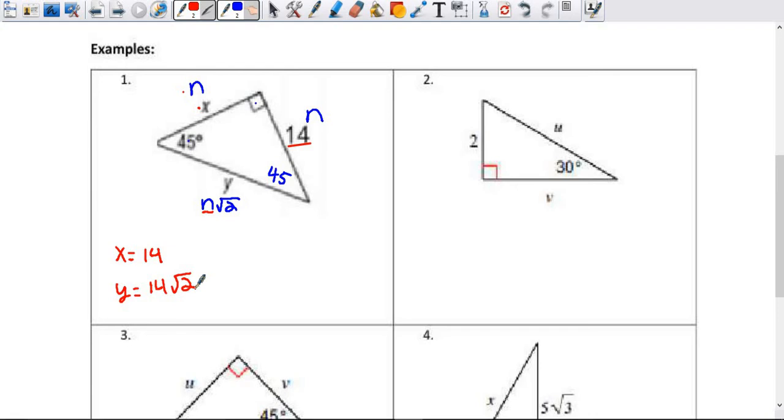For number 2, we have a 30 and a 90, which means we also have a 60 because the 3 angles of a triangle add up to 180. Across from the 30 is where we always put n. The hypotenuse is always 2n, and the remaining leg across from the 60 is n square root of 3. Right now we know that n equals 2.